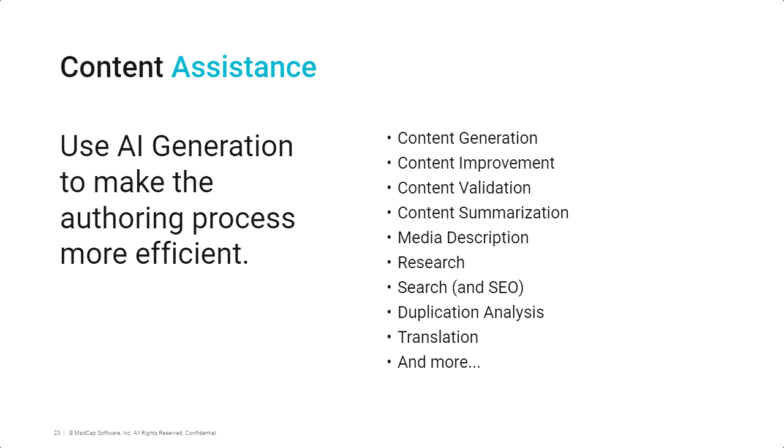These are categories, and underneath each one of these, there can be more categories, on and on. This is not even an exhaustive list. At the bottom, you see "and more." There are all kinds of things you could stumble upon in the future as you're working with AI.